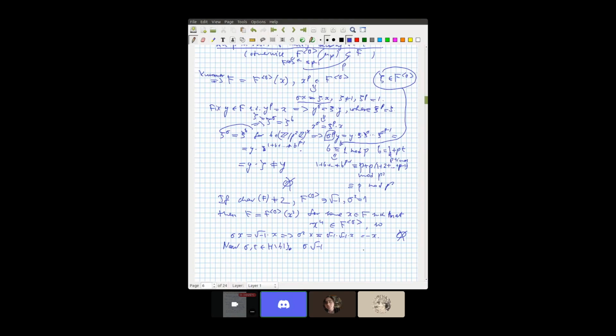Okay, so they are non-trivial. So sigma and tau both change the sign of the square root of -1, and therefore their ratio fixes the square root of -1.